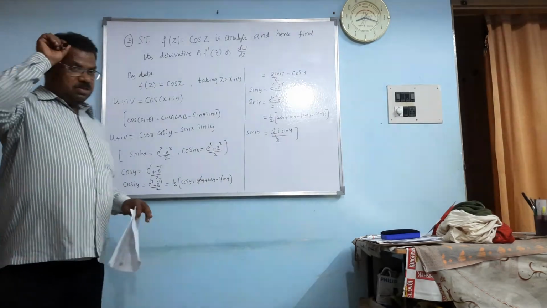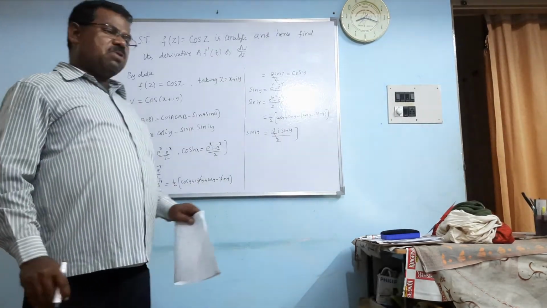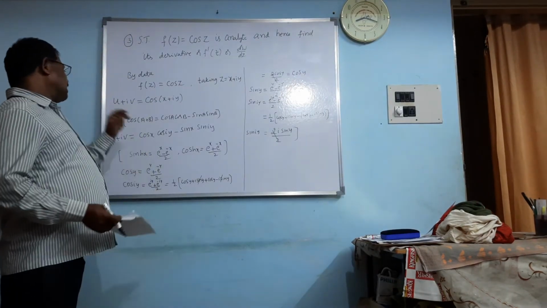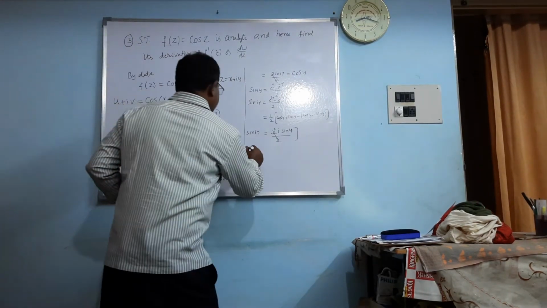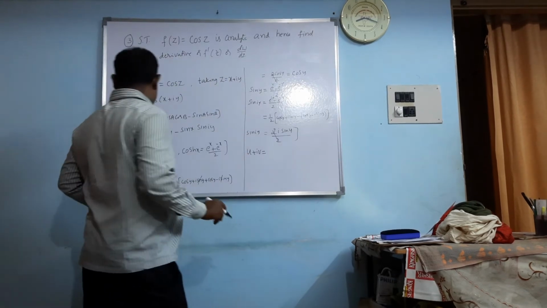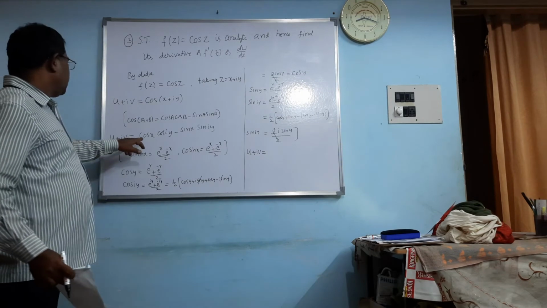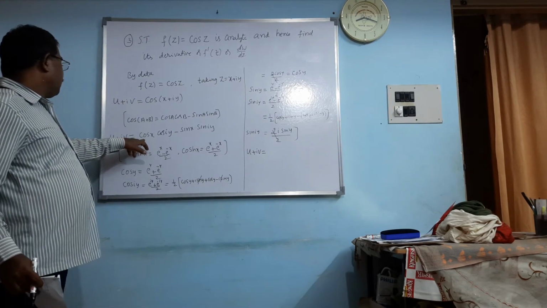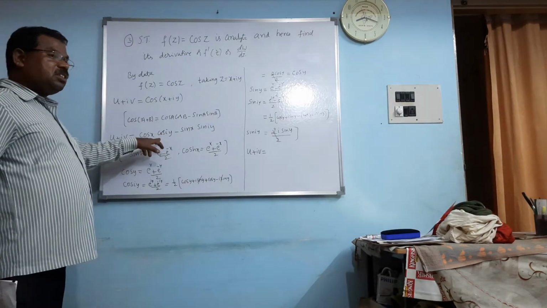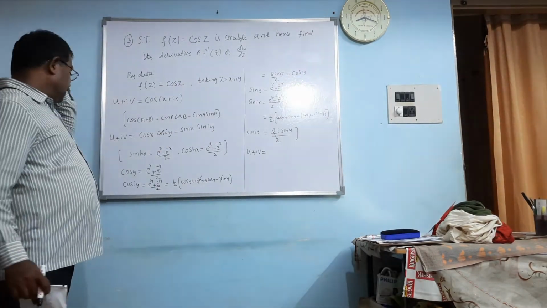Right? Next, write down directly what is cos x. Here, now coming to this step, u plus iv equals cos x cos iy minus sin x sin iy. What is cos iy?